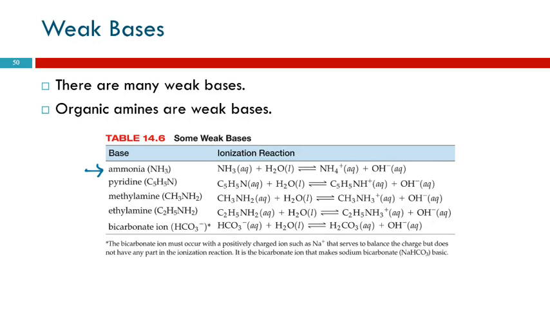So bicarbonate is an acid and a base, either or. It's amphoteric. And that's why we have shakers of sodium hydrogen carbonate, baking soda, in the lab, because you can use it to neutralize an acid or a base. Now, it's going to be better at neutralizing acids, but it can neutralize bases as well.